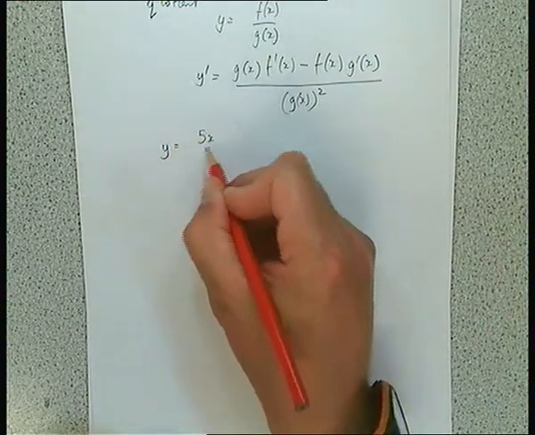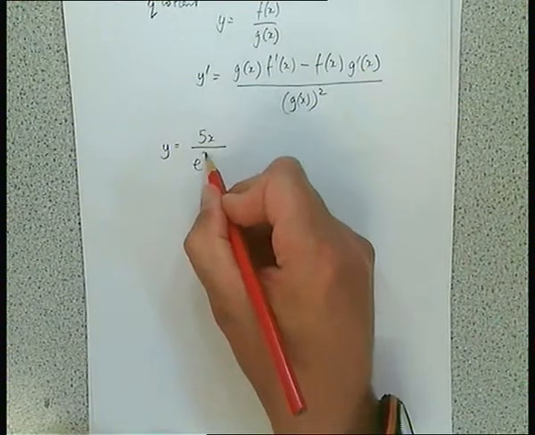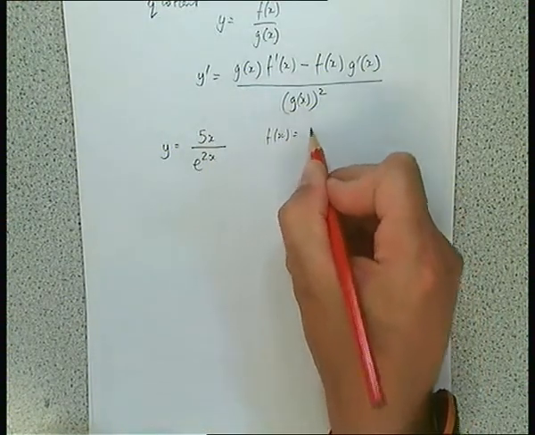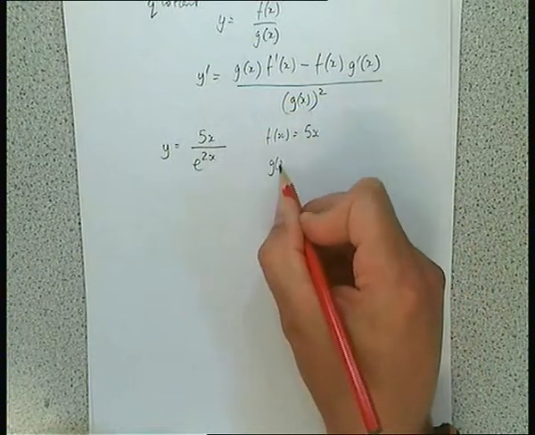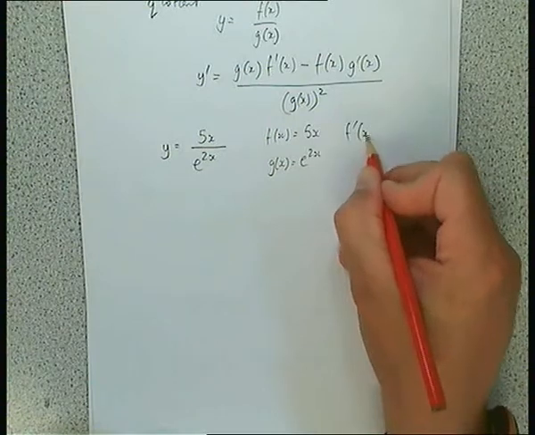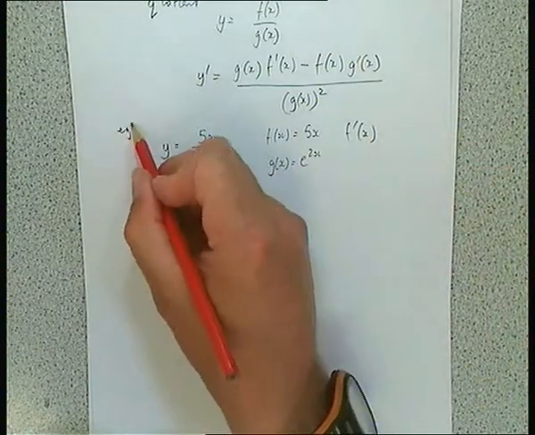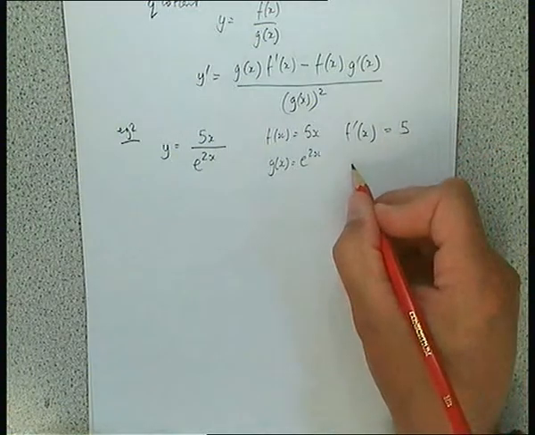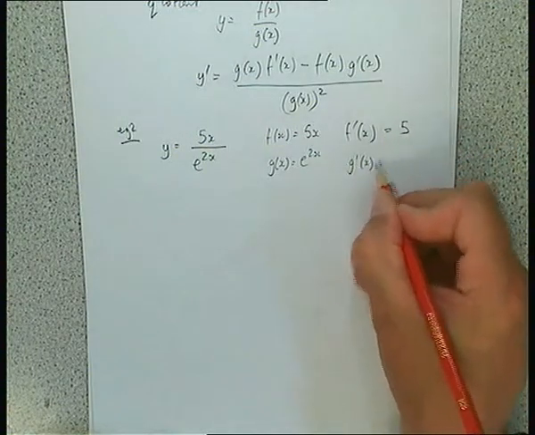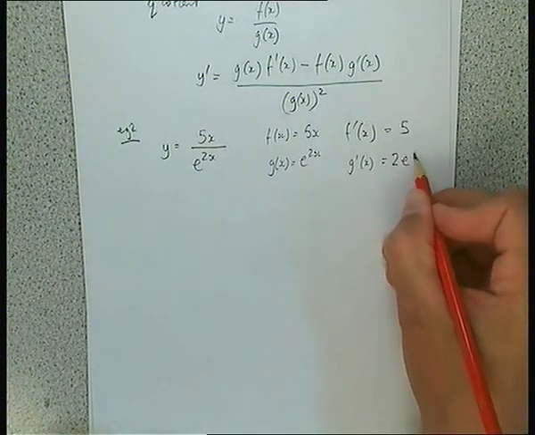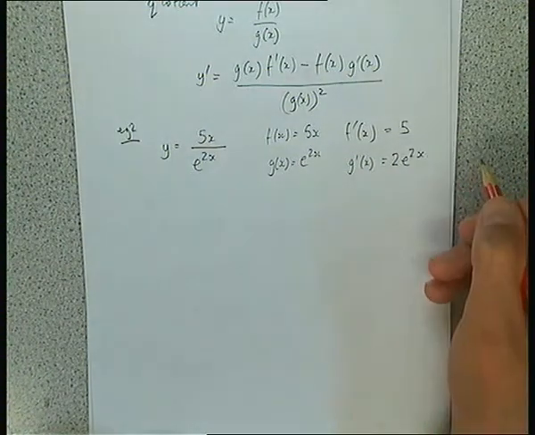So this is 5x over e to the 2x. So in this case, f of x is 5x and g of x equals e to the 2x. So f dash of x is 5, and g dash of x, again, differentiate inside and outside, so 2e to the 2x.